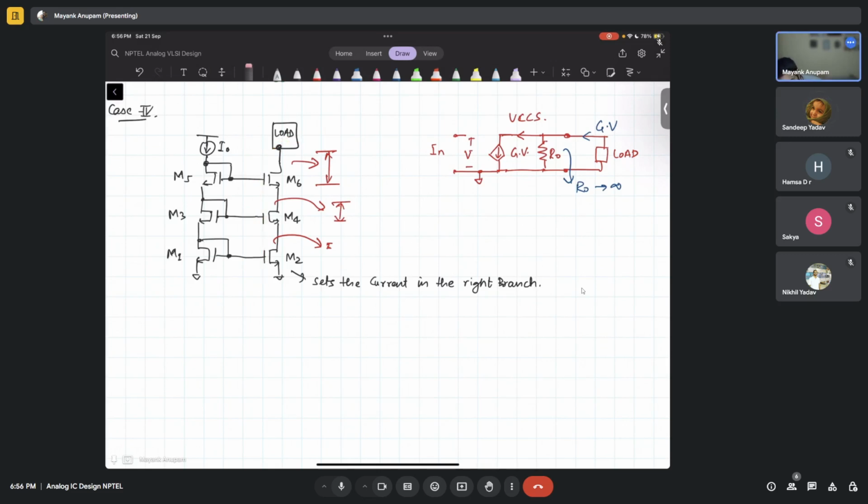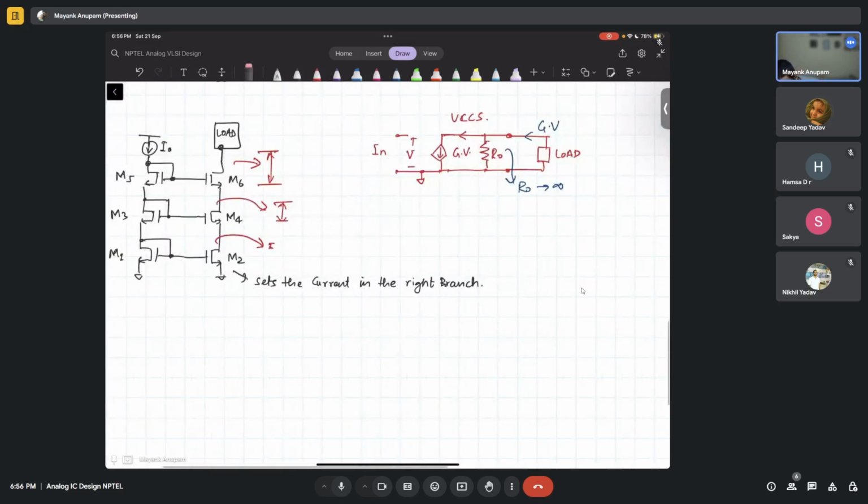And this current should not be dependent upon the voltage at the output side. This is the whole idea. So that is what you're trying to achieve here by simply adding more and more protection: you're simply boosting the output resistance.